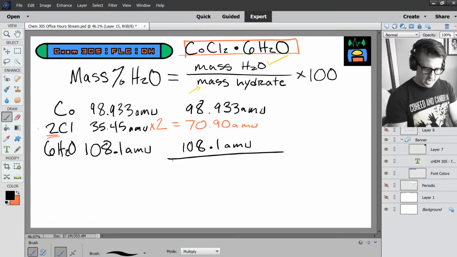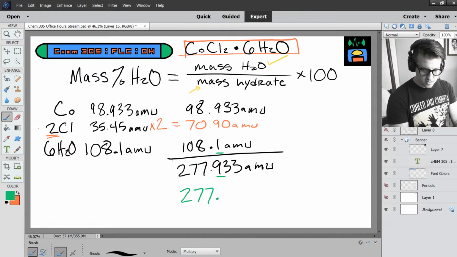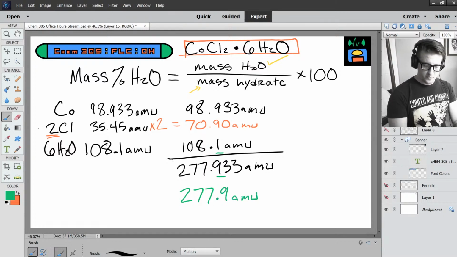This gives us the mass of our hydrate as 277.933. Our last sig fig can only be in the first decimal place, so after rounding, 277.9. This is the mass of our hydrate.